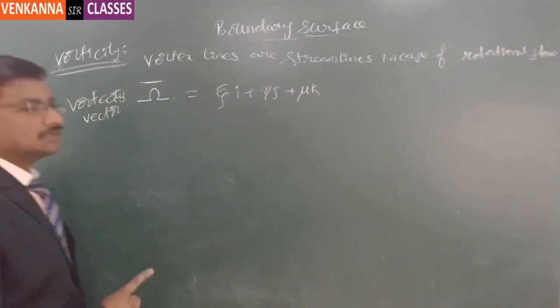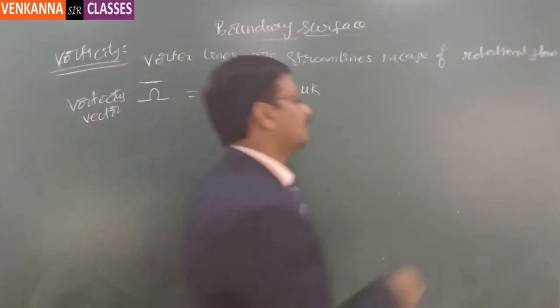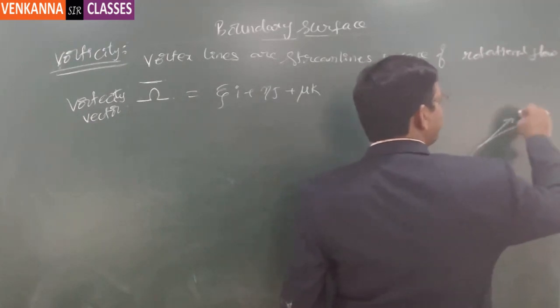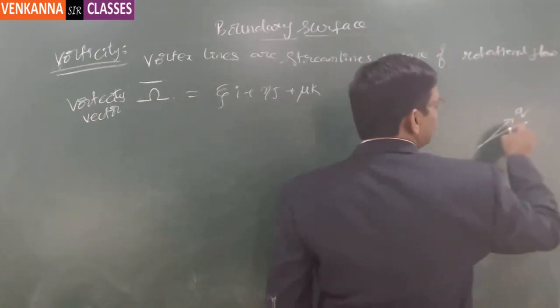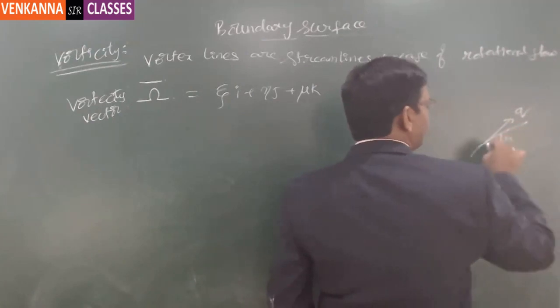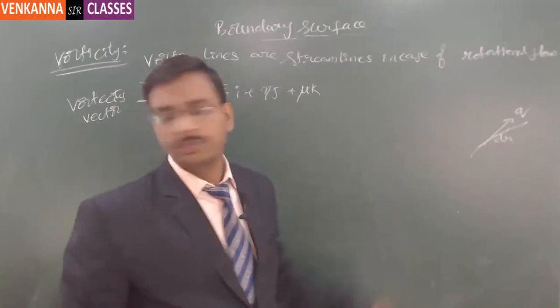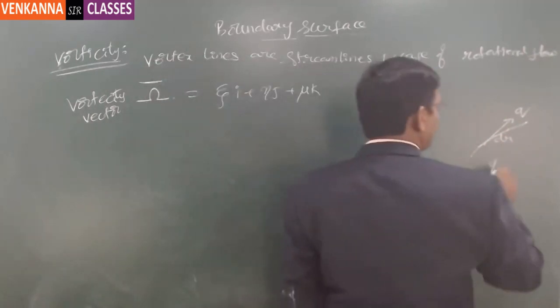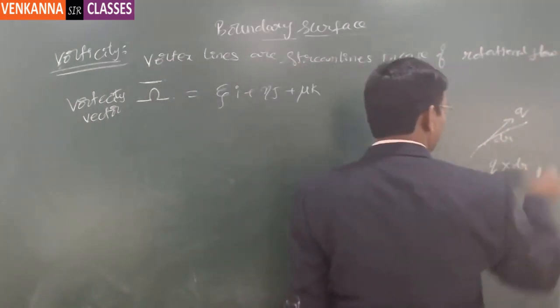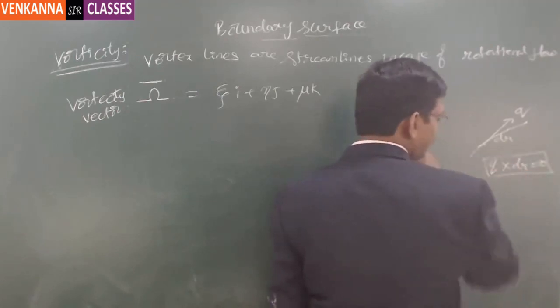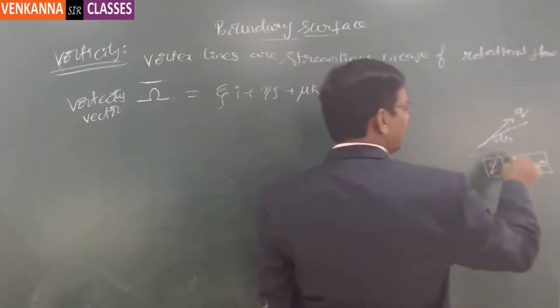Now the way we found the streamlines: suppose there is a fluid flow happening, then this is the direction of q and this is the direction of dr. At this point of contact, where the direction of the flow and dr should match together, we found q cross dr and equated it to 0, because these two are parallel components.